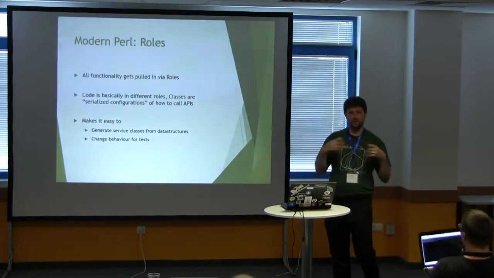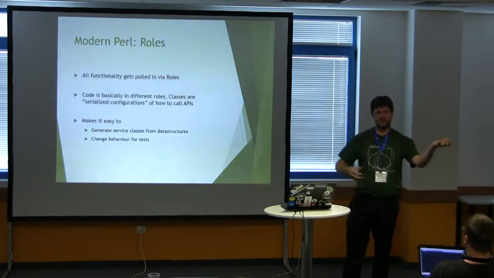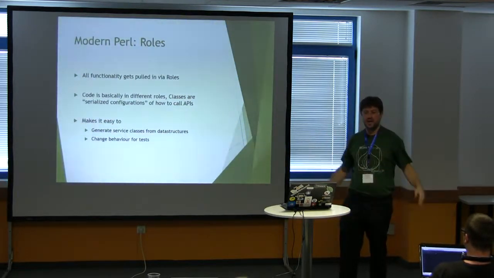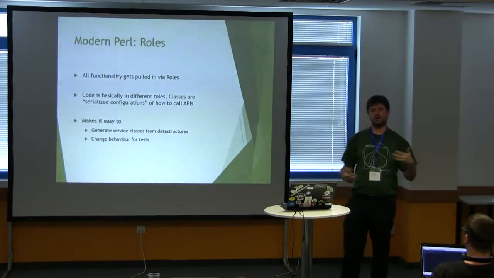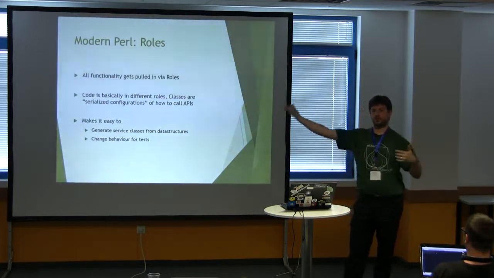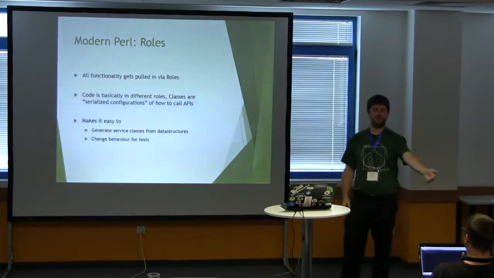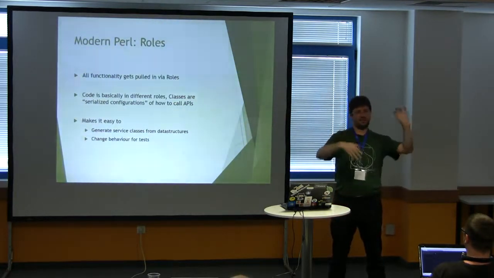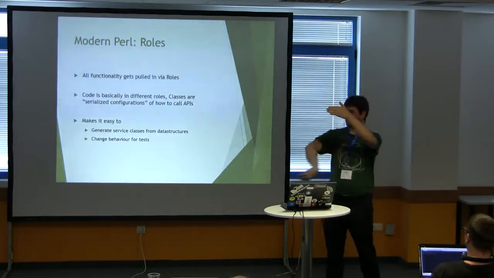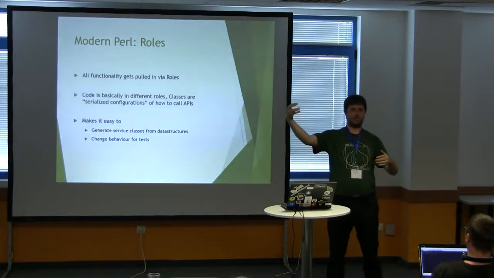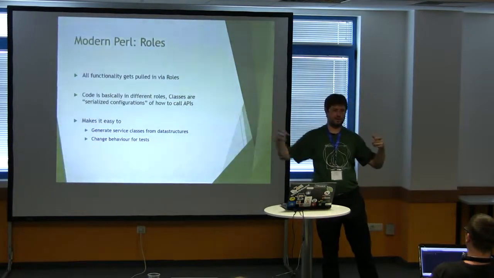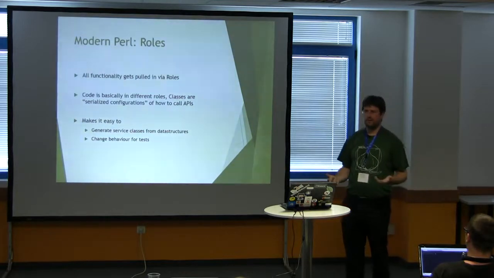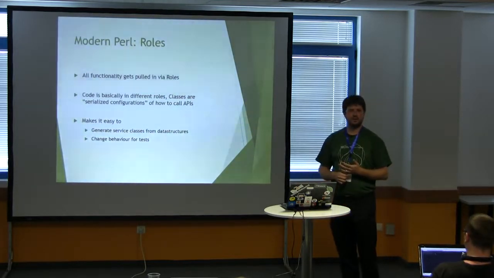But the actual doing, what we do with an object and how we inject the parameters into the HTTP request, gets pulled in by roles. So if you have a role that can sign version 2 and a role that can sign version 4, and you have a role that can serialize in JSON, and a role that can deserialize the JSON, you just have to pop roles onto your classes, and magically things start working.